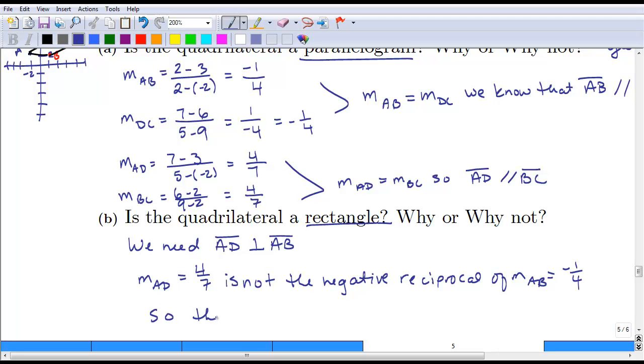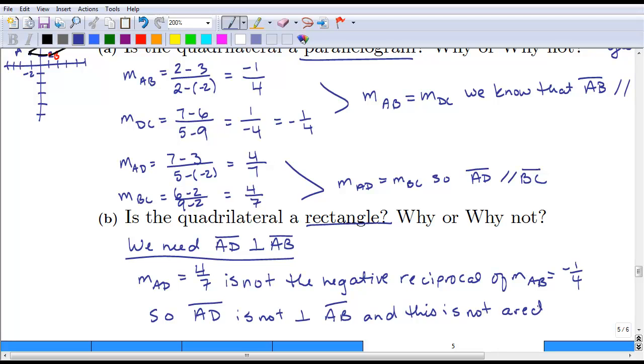So AD is not perpendicular to line AB, and this is not a rectangle.